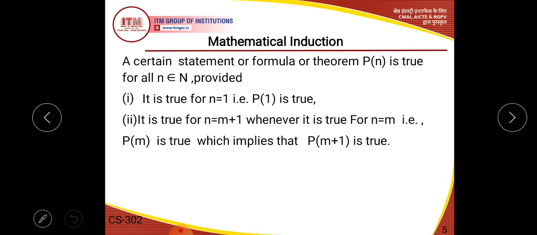The second point, it is true for n equals m plus 1 whenever it is true for n equals m. That is, P(m) is true, which implies that P(m+1) is true. If we replace m by m plus 1, then it is also true for P(m+1). So this is mathematical induction.